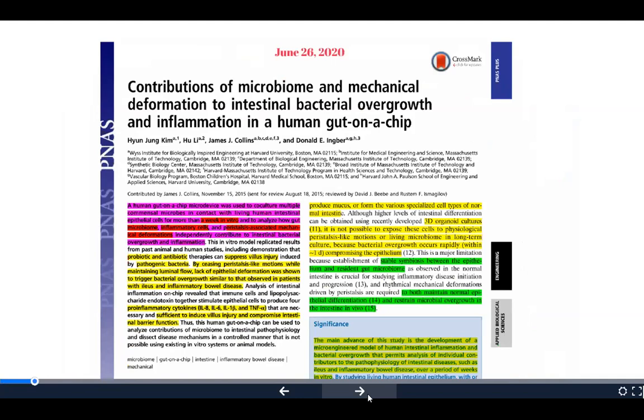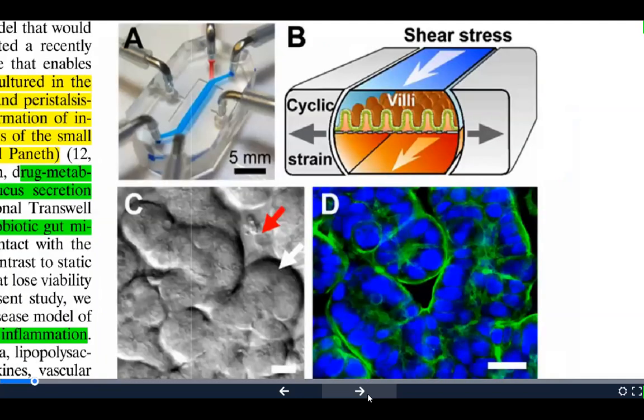They have used this microfluidic device to reach this goal and to see how different types of components and influential factors affect inflammation in the intestine.